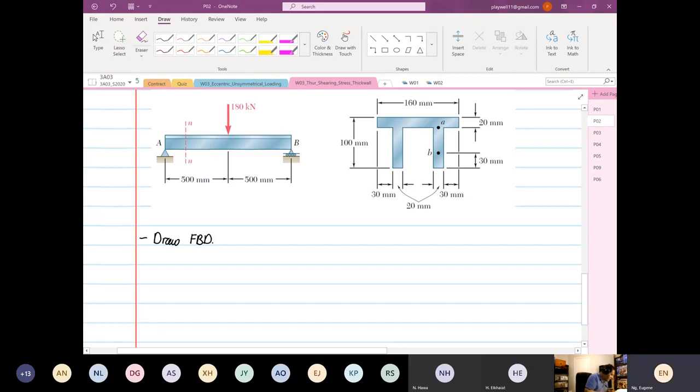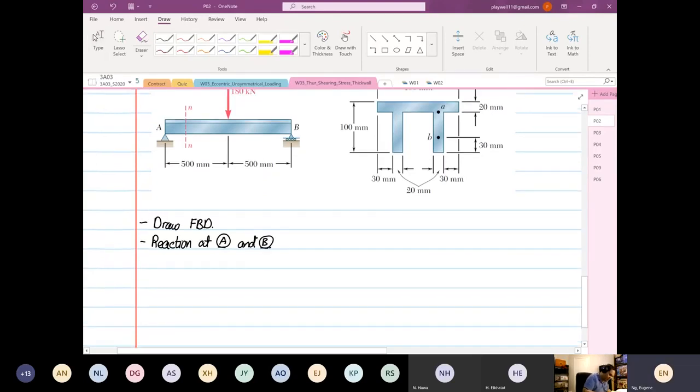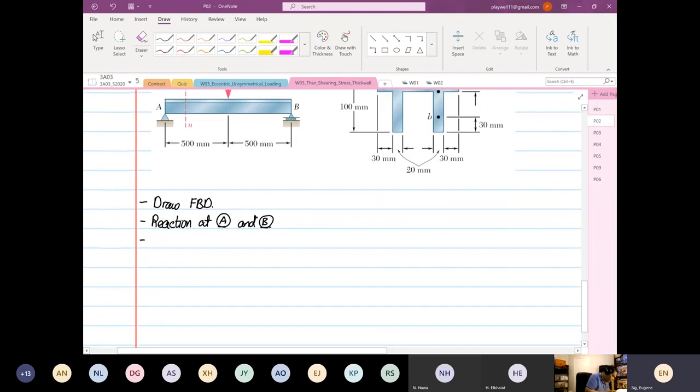And then after that we are going to calculate the reactions at point A and point B. And then I'm aware that you guys have done this, so maybe a very quick recap. We're going to quickly sketch the shear force and bending moment diagram.